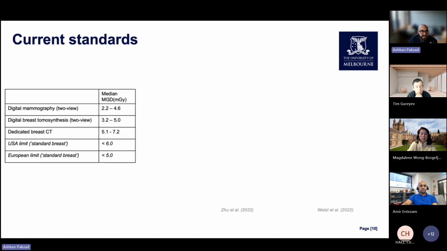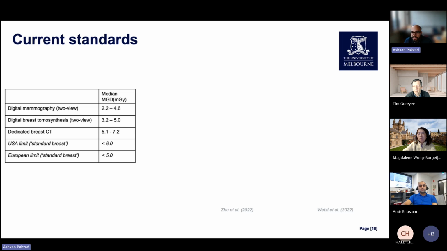So current standards in breast imaging are to limit the dose as low as possible. The theoretical limits imposed in the US and Europe are 6 and 5 milligray respectively for a single screening of what is known as the standard breast.